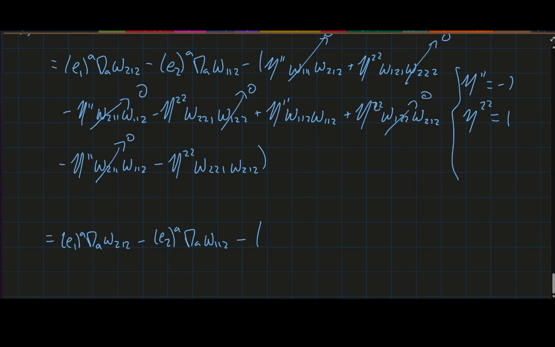So actually, this are gonna be our first term. So we get a minus 1 times the square of omega 1, 2, 1, 1, 2. And then we get minus omega 2, 2, 1, omega 2, 1, 2.